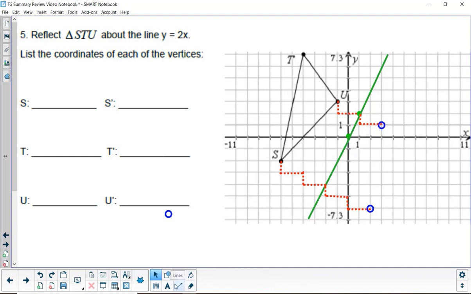And then T prime, I'm going to go down 1, over 2, down 1, over 2, down 1, over 2. So I'm going 3 steps in the opposite direction. And there's where T prime would be.